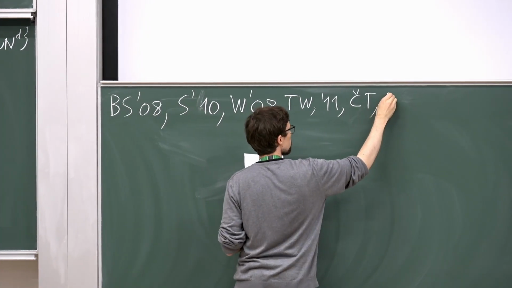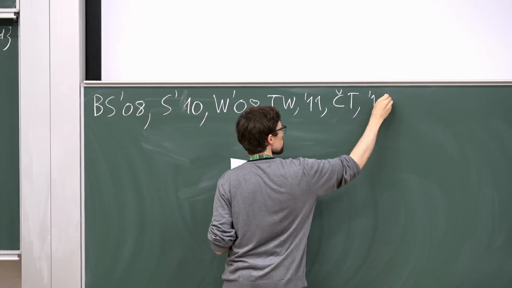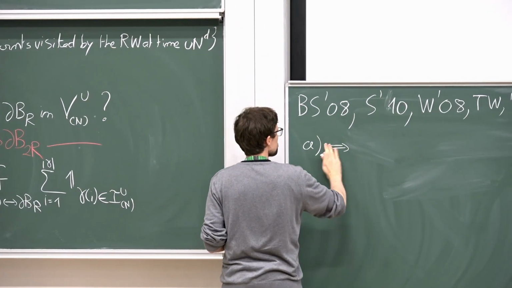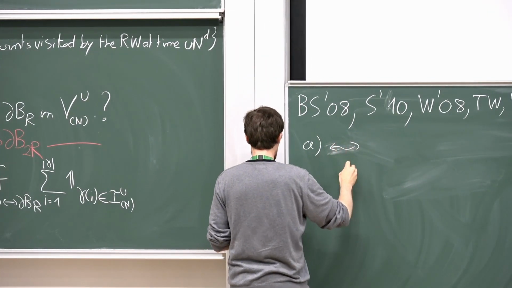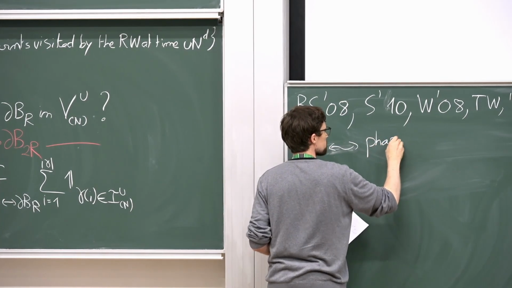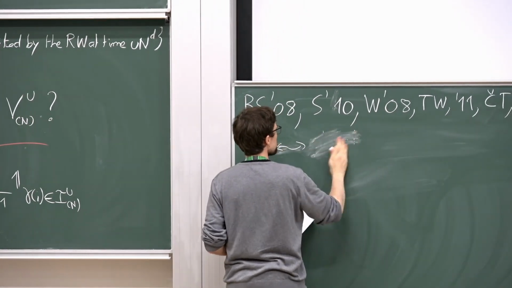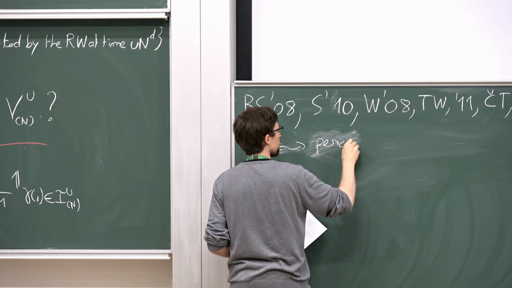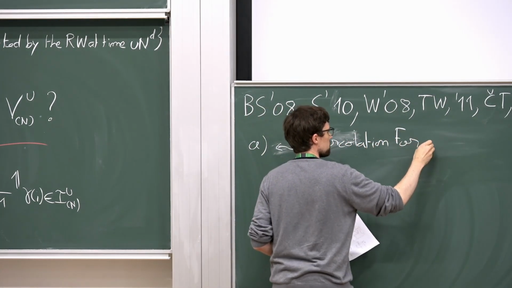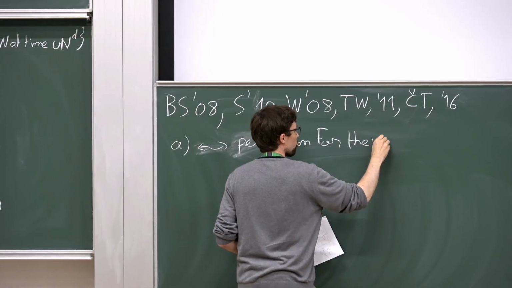So Chiarini and Teixeira is the most precise one. That is that problem A is related, let's say, to the problem of the phase transition, or simply percolation for the vacant set of random interlacements.